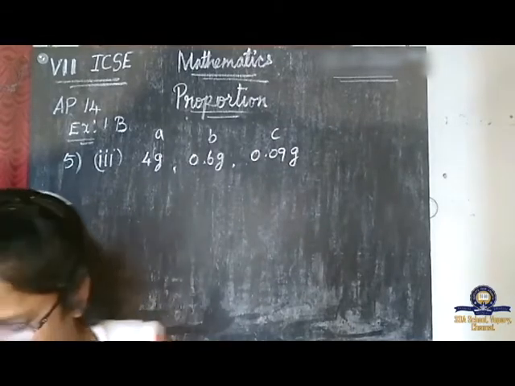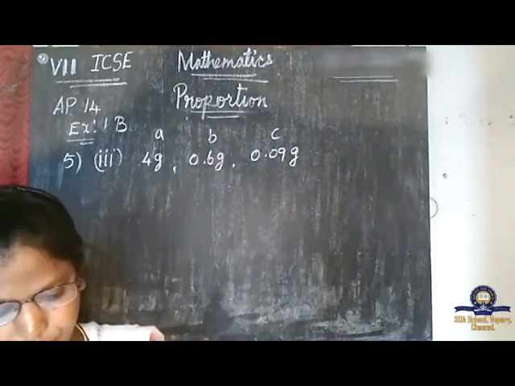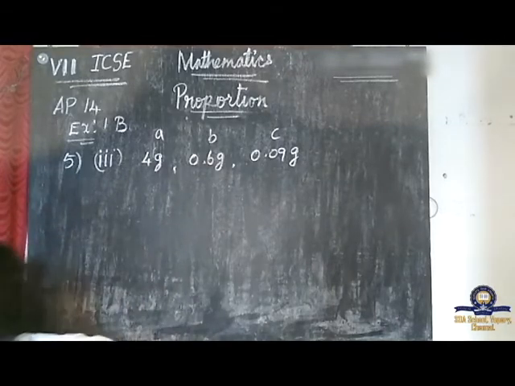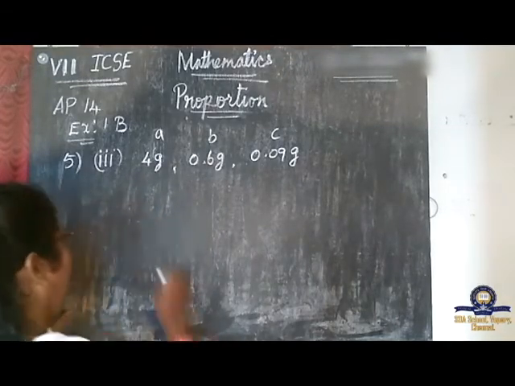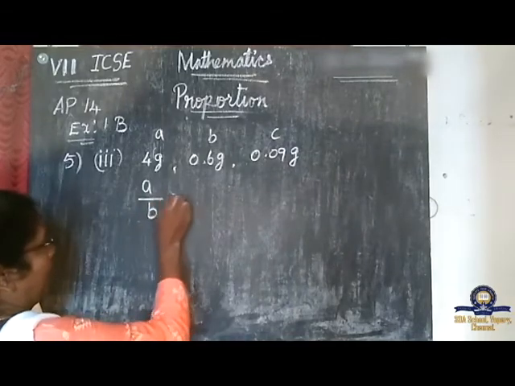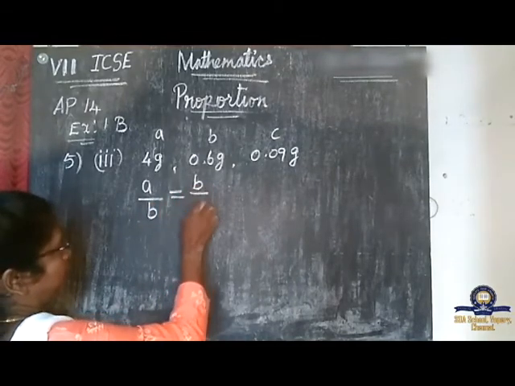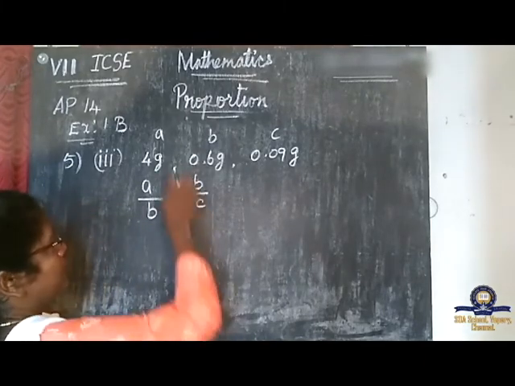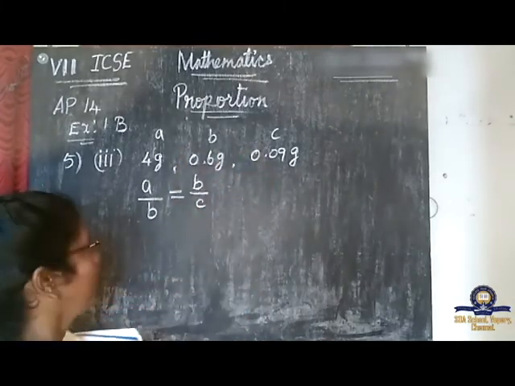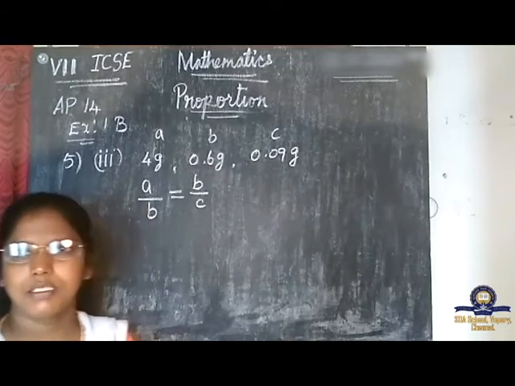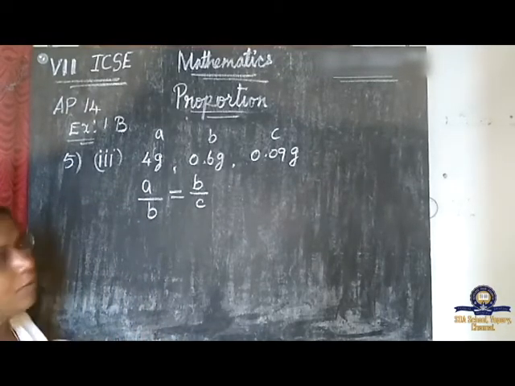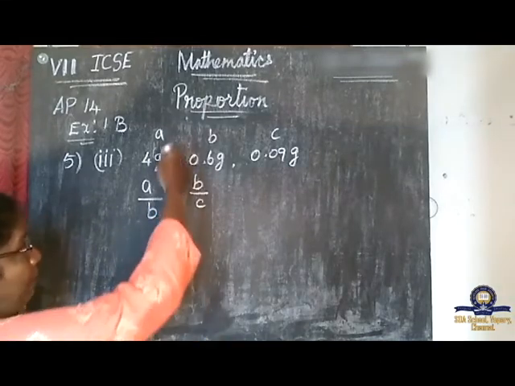Continued proportion means what I said. Continued proportion means what? A by B, here B is continued with B by C. Okay, we are dealing with only 3 terms A, B, C. That is A by B is equal to B by C. Now, we will apply the values here.